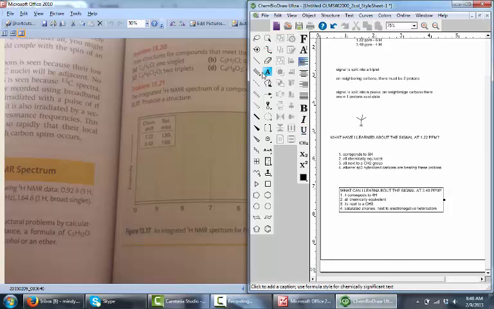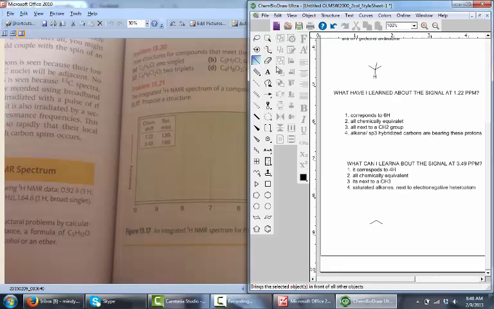Okay, so let's draw what I mean by that. So protons, for example, on this carbon here are going to be less shielded because this C-O bond is polarized towards the oxygen, which leads to de-shielding in the protons that are attached.